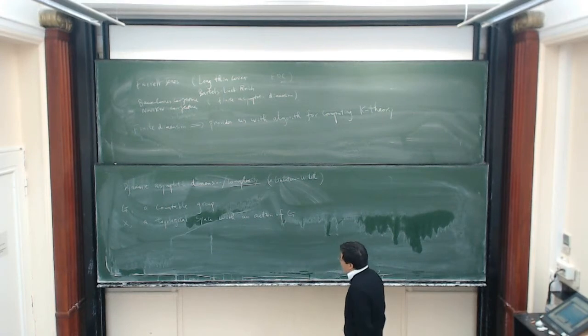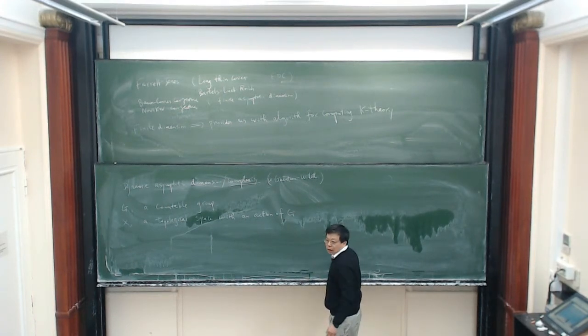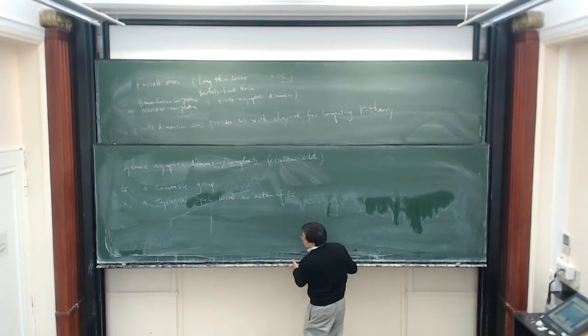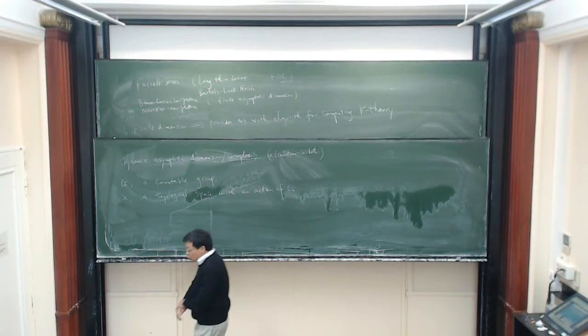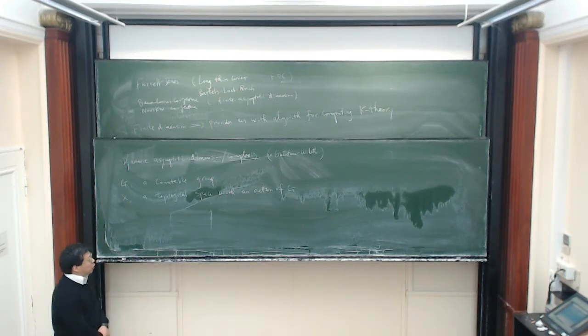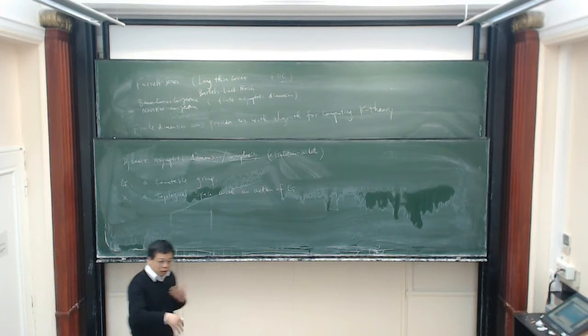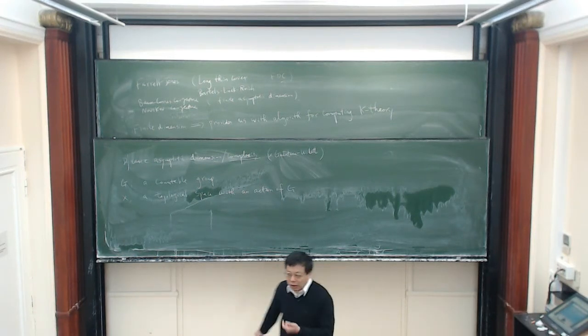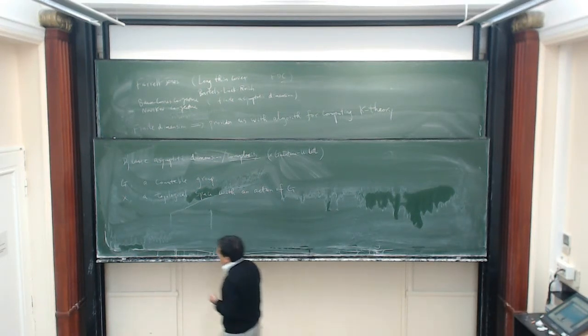Okay. Now, to motivate our concept, let me first discuss one really extremely nice situation which will enable us to compute the K-theory of the algebra we are interested in.